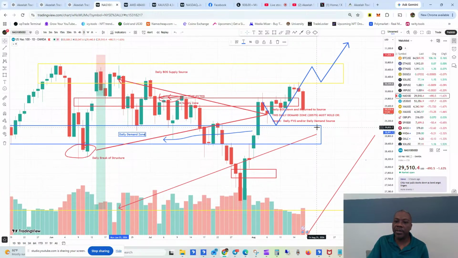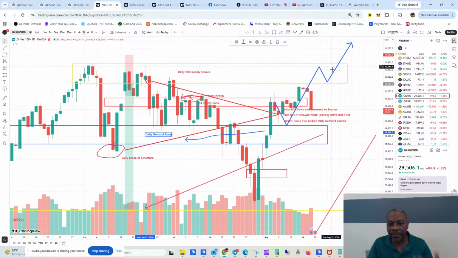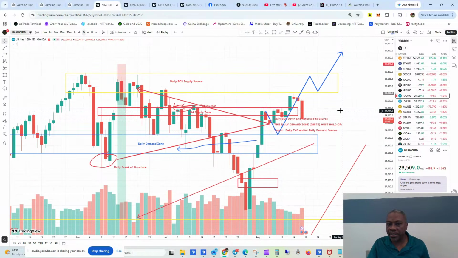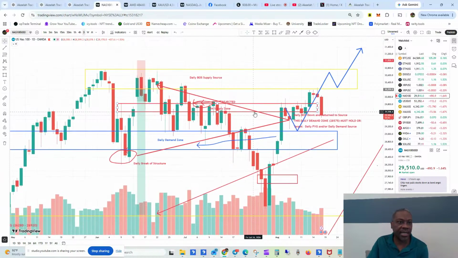So if we hold above this, as you see, my bullish projection here shows us if we hold above this, come down and retest this area and find support and get bullish response, we can push back up into this area and maybe eventually break it. Okay. All right. So that's pretty much what I want to look at on NASDAQ.